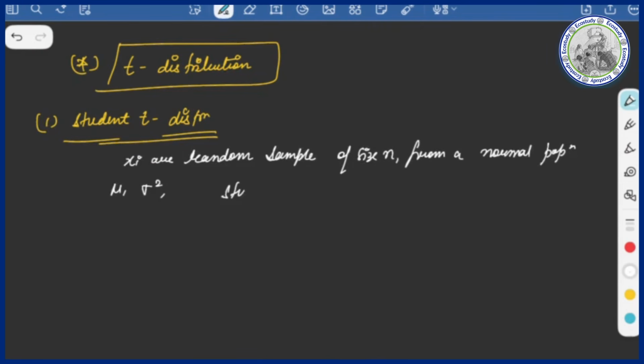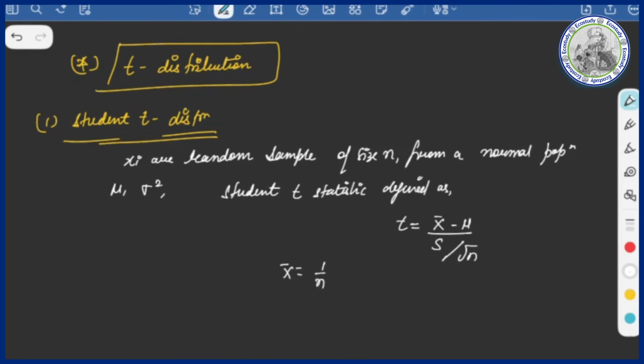Then the student t statistic is defined as x bar minus mu upon s by root n, where x bar is 1 upon n sigma xi and s square is 1 upon n minus 1 sigma of (xi minus x bar) square.